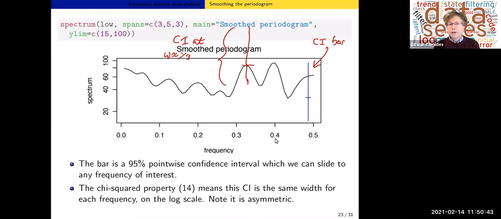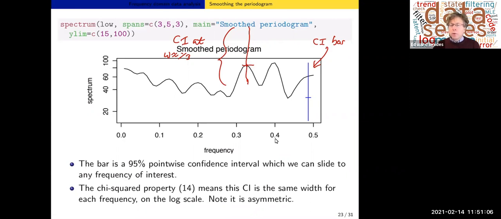That's a third of a cycle per year, which corresponds to one cycle per 3 years. And so there is a little bit of power here, but you see that there's not strong evidence in the data that any one frequency has that much more power than any other frequency.